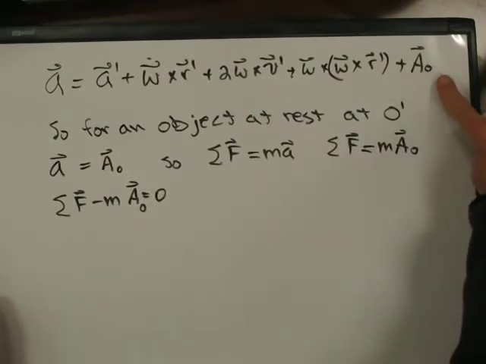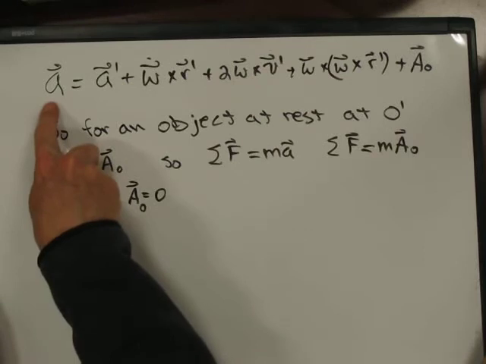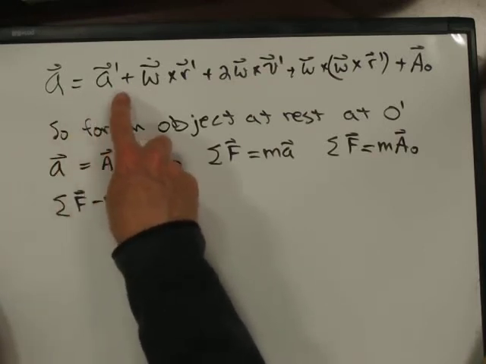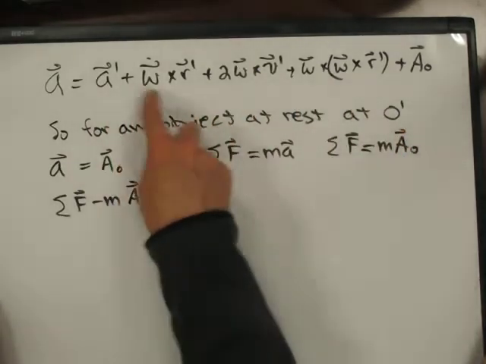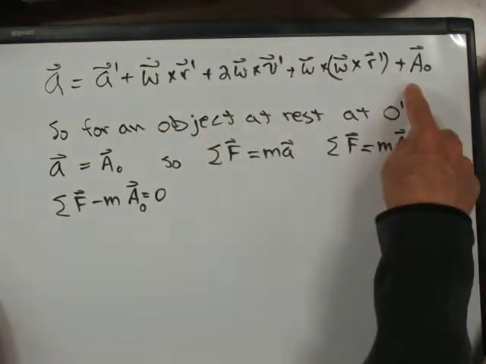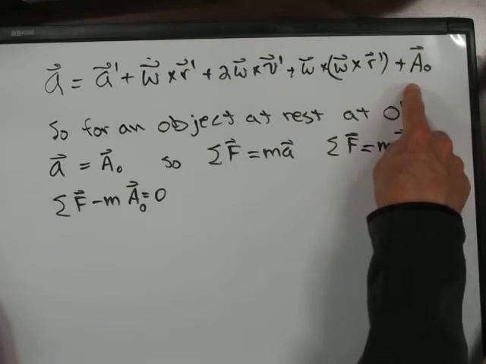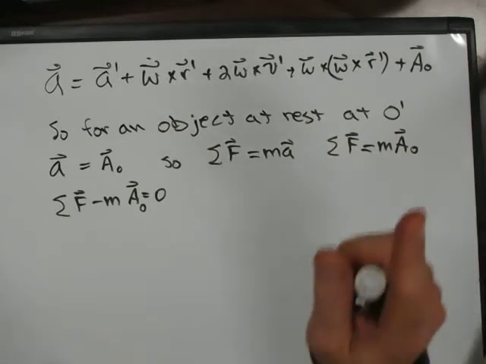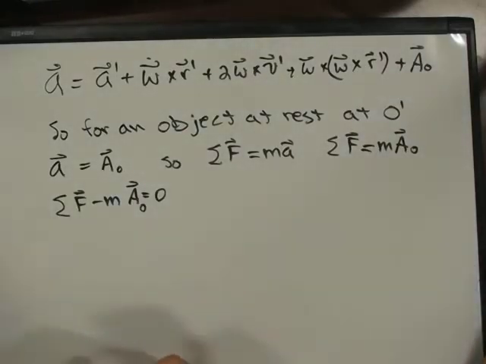If I acknowledge that the frame is being accelerated, then the acceleration in the inertial frame is equal to the acceleration in the rotating frame plus all of these terms, which we just showed are all 0, plus the acceleration of that frame because it's going around in a circle around the rotational axis of the Earth at radius rho, as we did in the last problem.